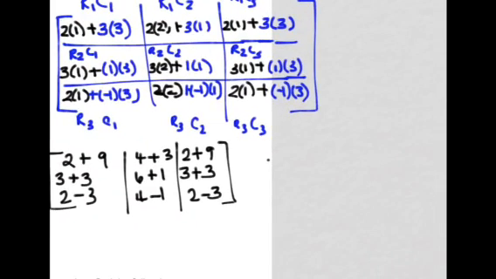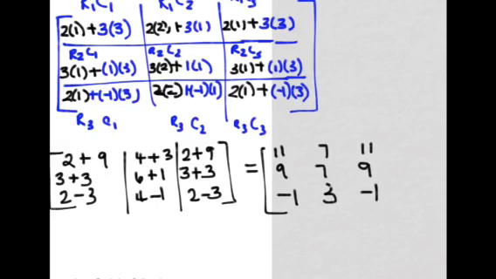And simplifying that further, it's 11, 7, 11, 9, 7, 9, negative 1, 3, negative 1.